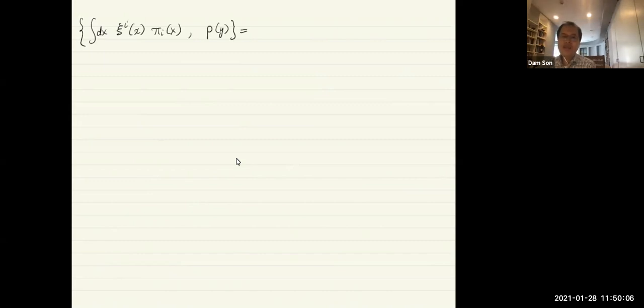We found it to be minus d_i psi_i of rho. Okay, rho is computed at the same point as rho here, that is point y. That is rho minus rho d_i psi minus xi^i d_i rho.